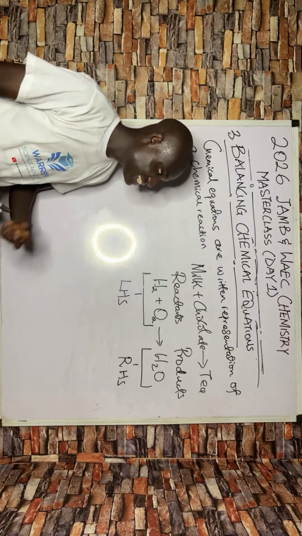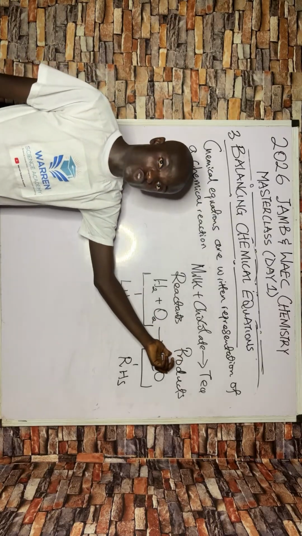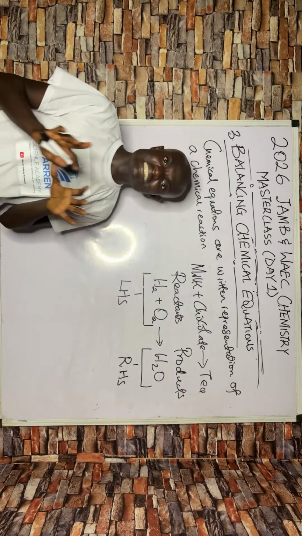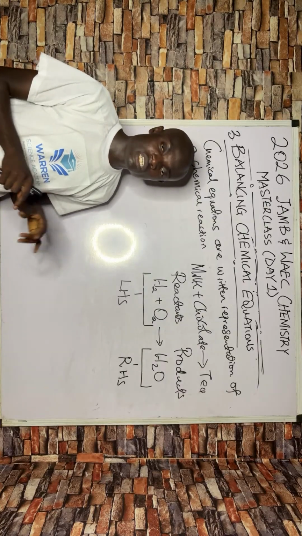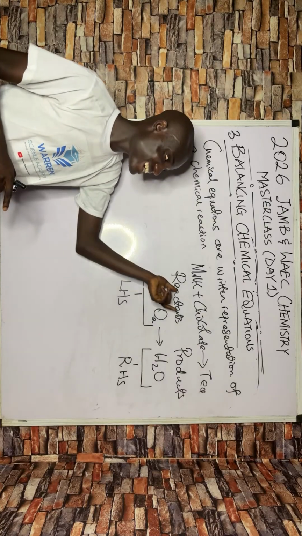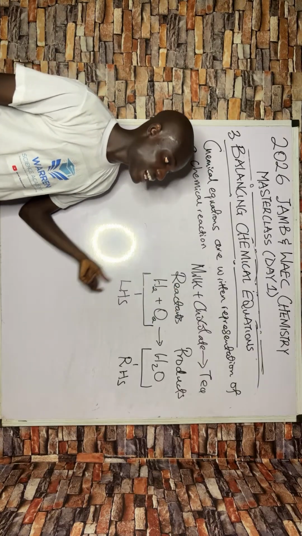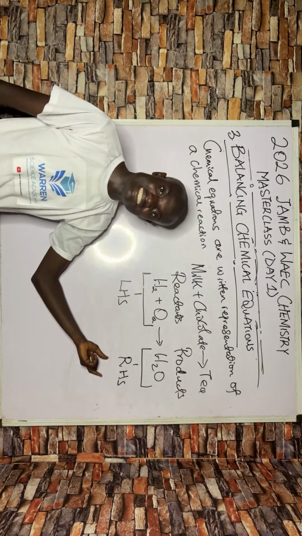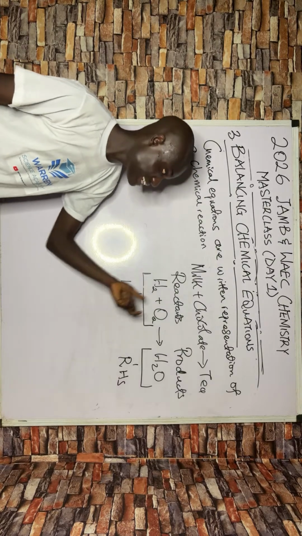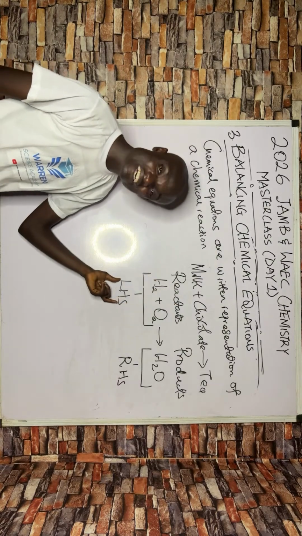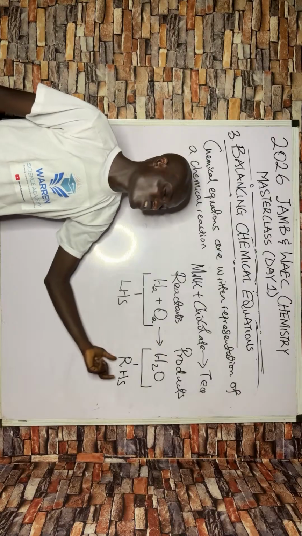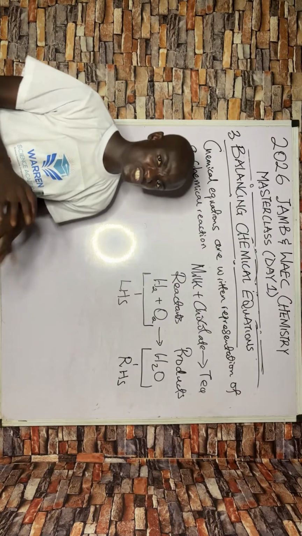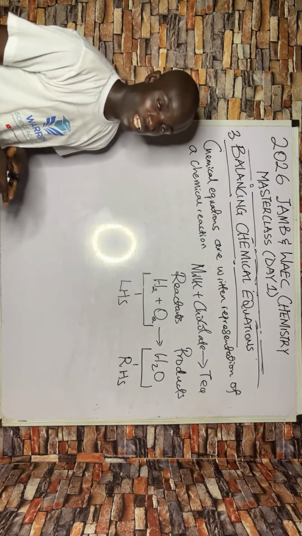What they produce at the end of the day is what we call product. So in simple terms, a chemical equation consists of reactants on the left-hand side and products on the right-hand side. That's just what we mean by chemical equation.